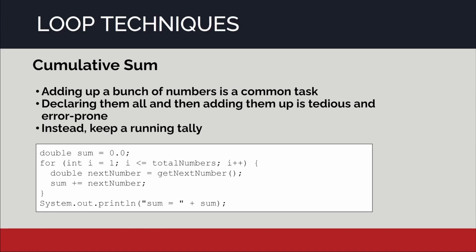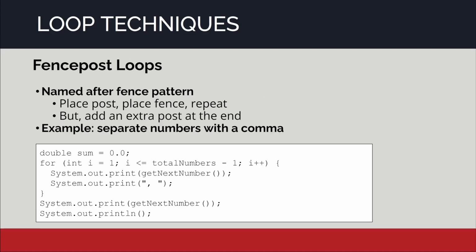Another very common pattern is the fence post loop. It's named after fences, and if you can imagine the pattern of a fence, it's a repeating pattern where you have a post and then a fence section and then a post and then a fence section and so on and so forth until you get to the end of the fence.